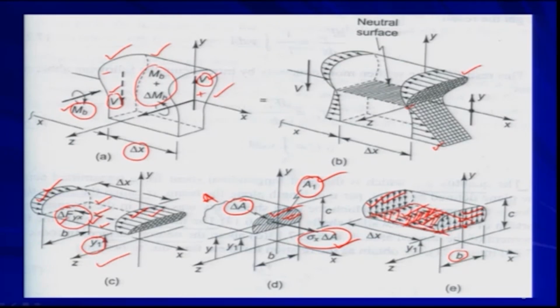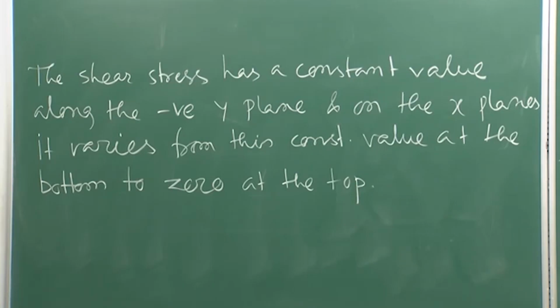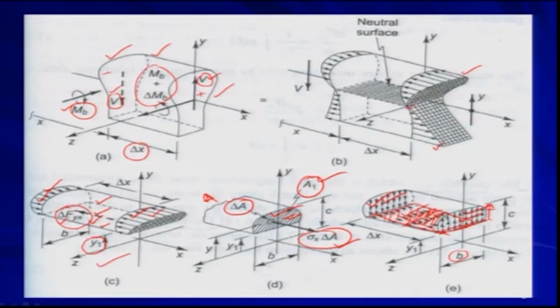So, along the y plane you are having constant tau yx, and along this line on the x plane you will have the constant value, but as you move to the top, your value will go to 0, because your q is becoming 0. Q, what is q? Q is the first moment of this area.